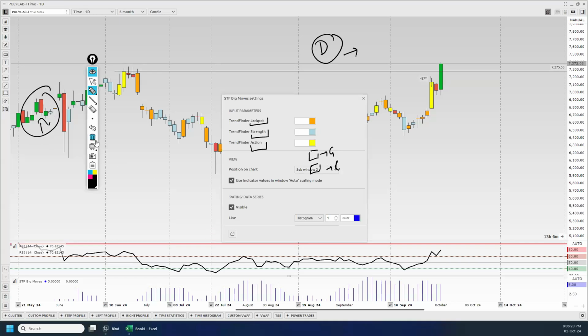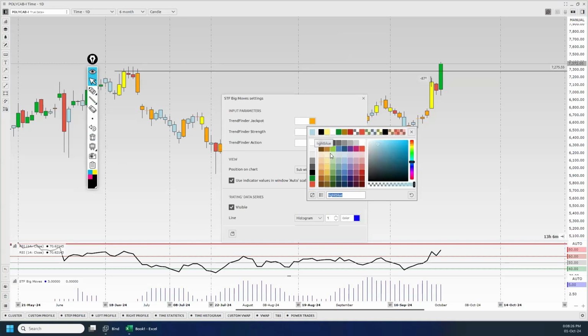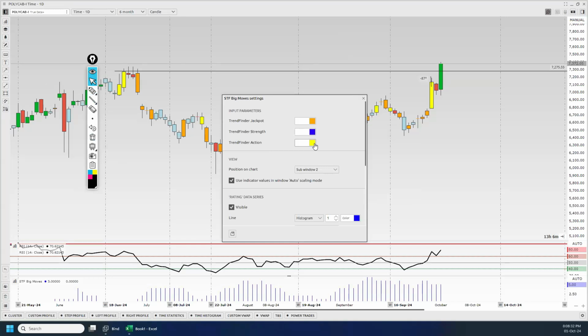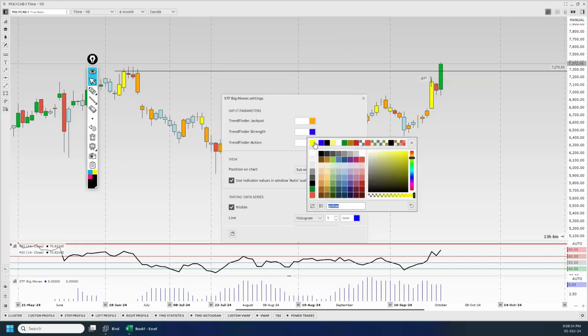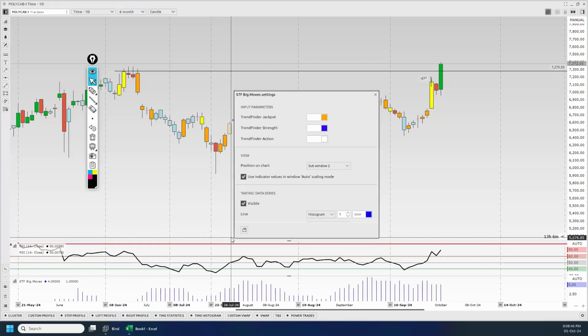But for the jackpot color, I'll keep it golden. For a strength candle, I'll take this color. And for action, I will take a white color. So these are the three colors I will be looking at. I don't know why this color is not being changed.